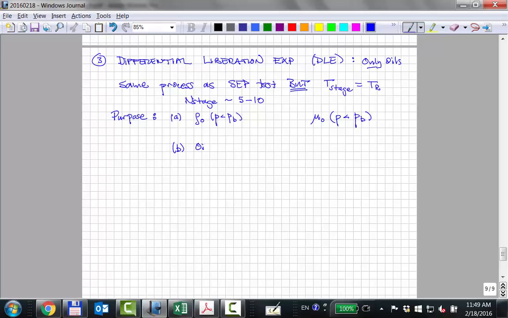How much does the oil shrink? How does the oil volume, relative to what we start with, change? That's the oil shrinkage. It's effectively oil saturation, and permeability to oil is proportional to oil saturation to a power N of about somewhere between 2 and 5.